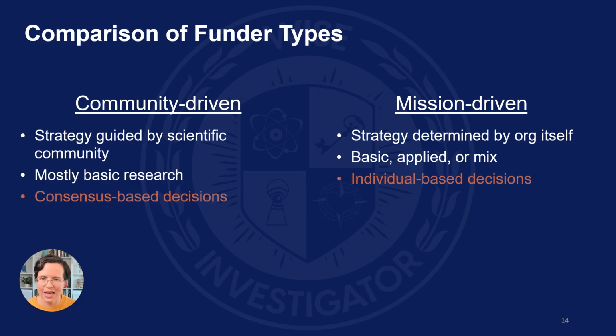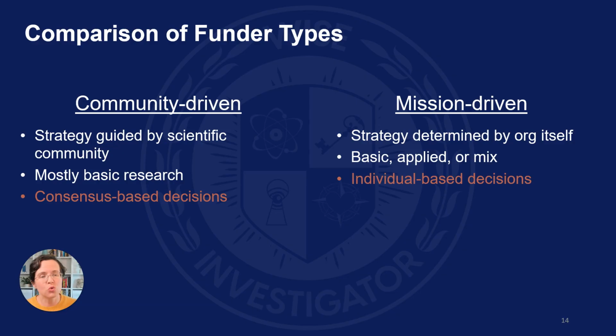Now, this is not to say that there's not individual-based decision-making that happens in a community-driven organization. That would often happen when decisions are for a lower dollar amount. You may not need a big consensus around something when it's, say, a 40K award, right?